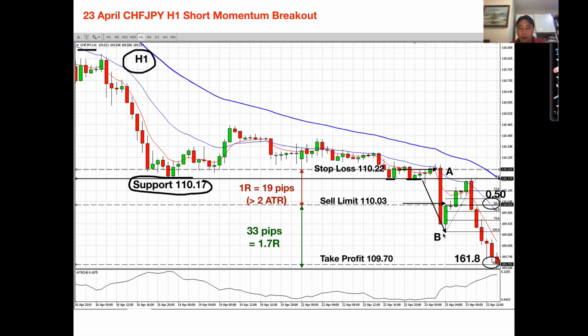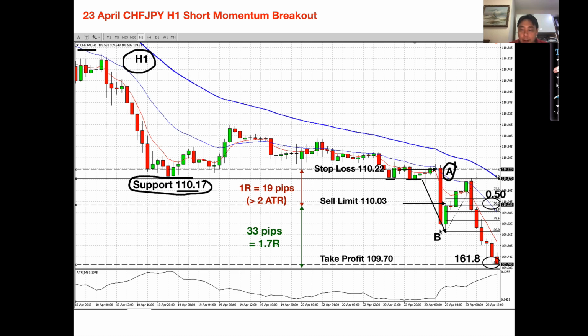So once it broke the support, I'm looking for it to retrace, enter at the 50% retracement, take profit at the Fibonacci 161.8. So first thing I do, I identify point A. So point A is the level of support, or wherever the price started moving. So in this case, point A is 110.17.